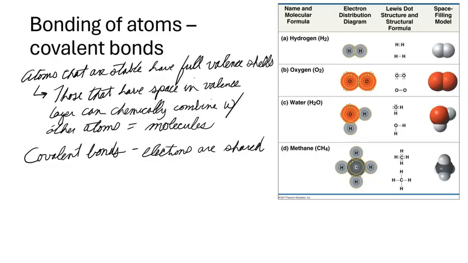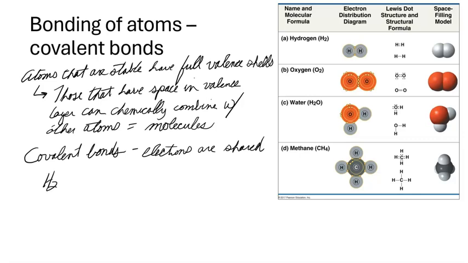And when they're shared, each atom within the molecule gets to count the electron that's shared. Let me show you what I mean here. We'll look at the simplest example, and then we'll do one that's a little bit more complicated. The simplest example is H2, hydrogen gas.